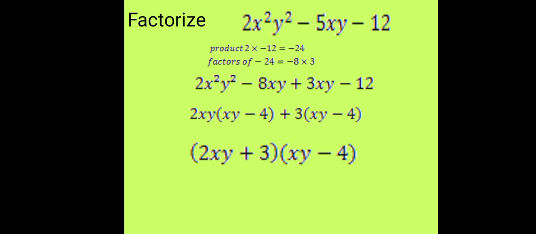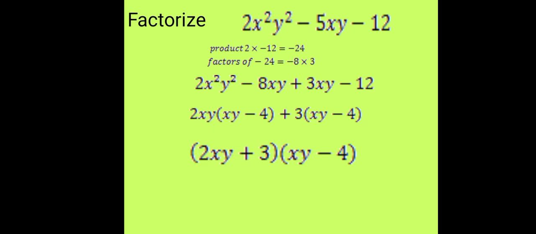So our a is 2 and our c is negative 12. So the product of 2 and negative 12 is negative 24. Find the possible multiples or factors you can multiply to get negative 24.